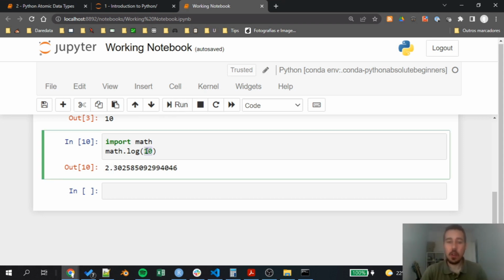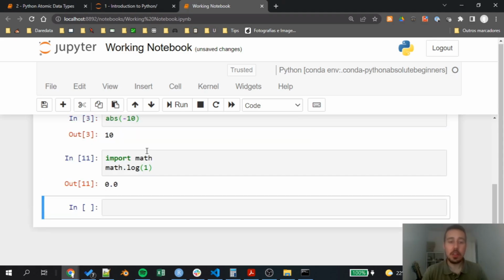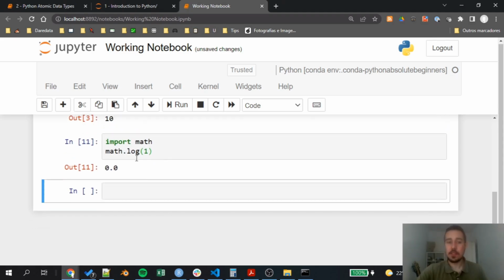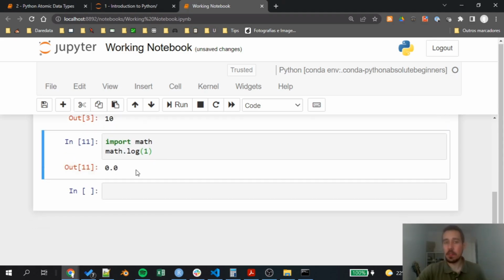For example, a logarithm of 1 will yield 0. But notice, this is not the normal 0 that we see. This is 0.0, which means that Python is telling us that, hey, this number is a float. Why is it a float? Because the math.log function returns a float.